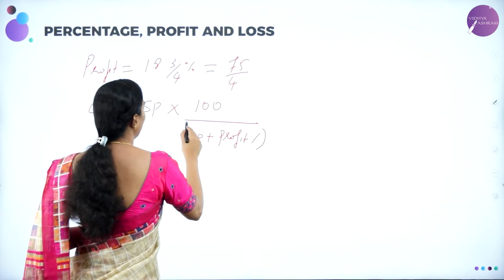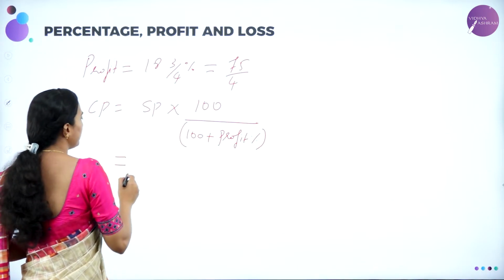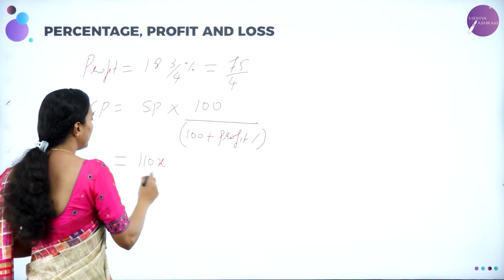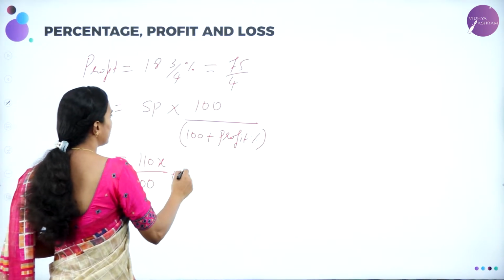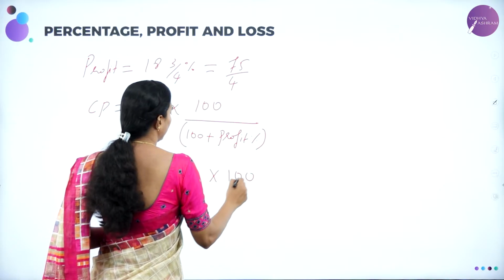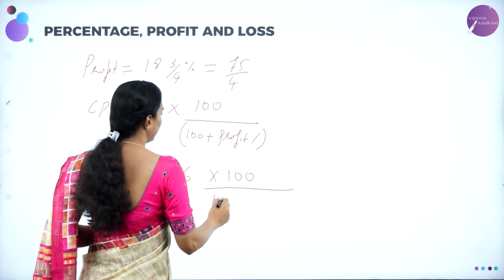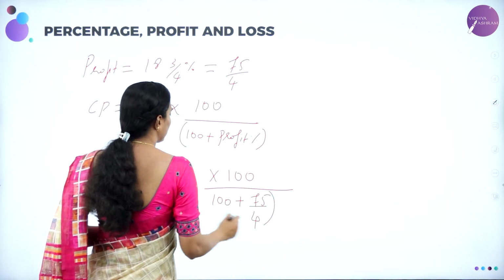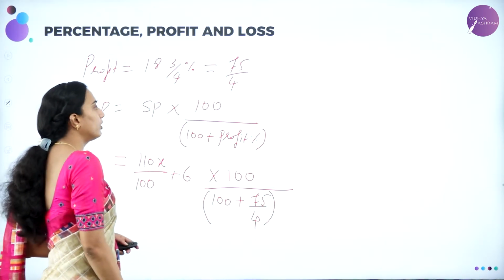So SP is nothing but 110x divided by 100 plus 6, into 100 divided by 100 plus 75 by 4. After solving this, you are going to get the answer.